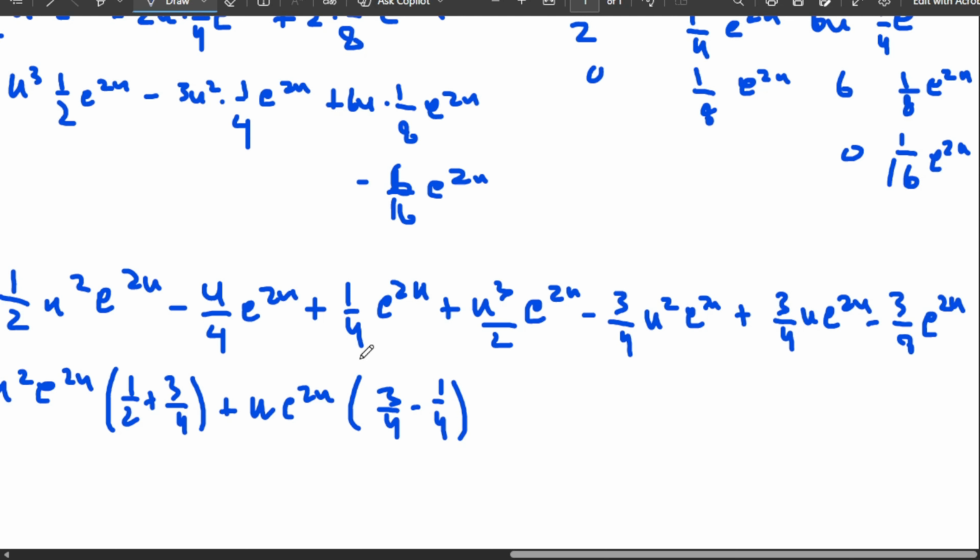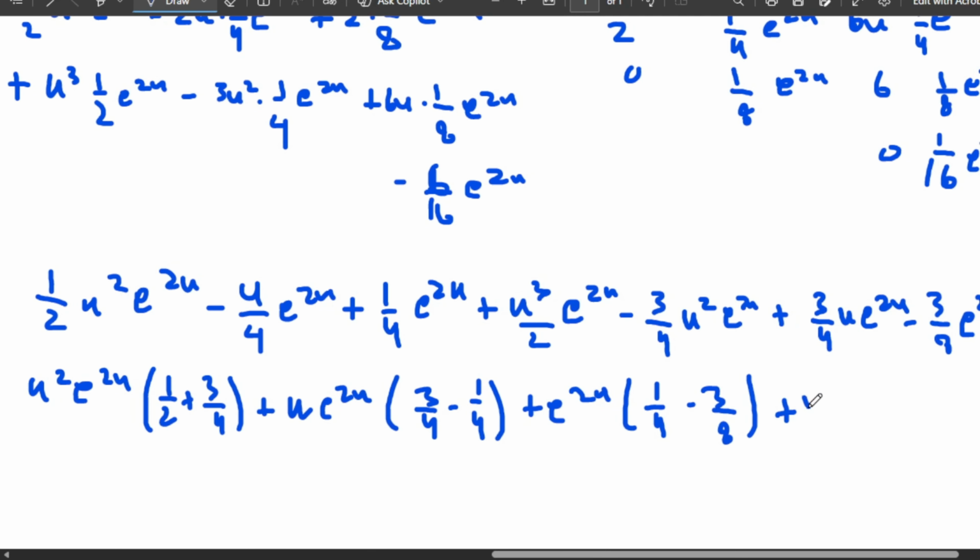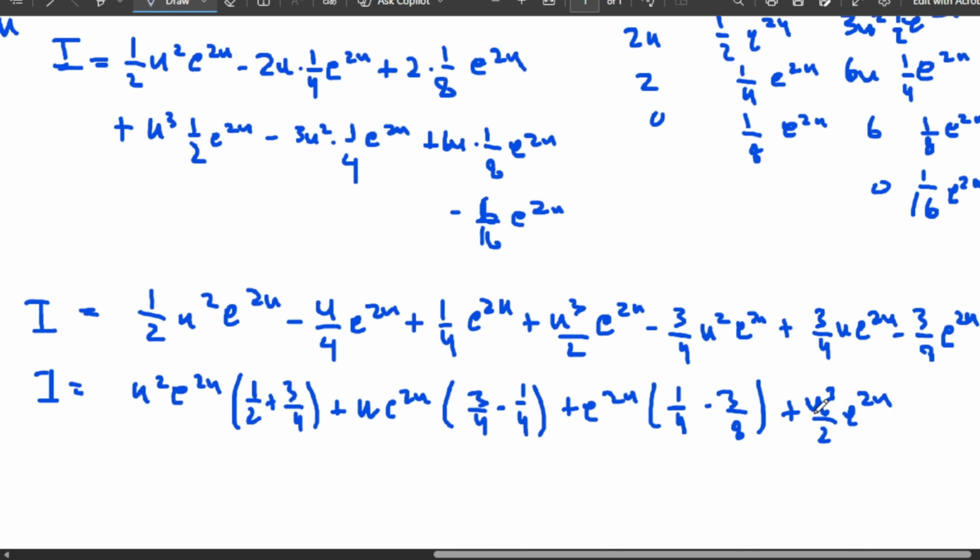Okay, what else? We have e^(2u) plus e^(2u) a quarter minus 3/8. Then is there anything else? u cubed over 2 e^(2u). All right.